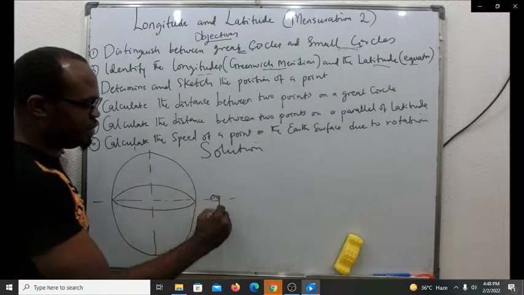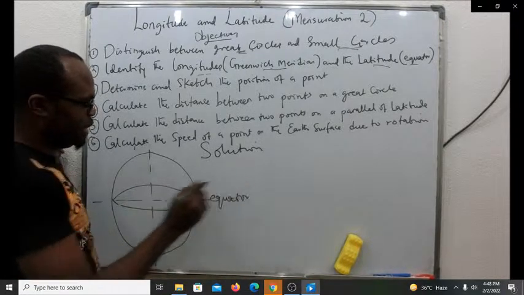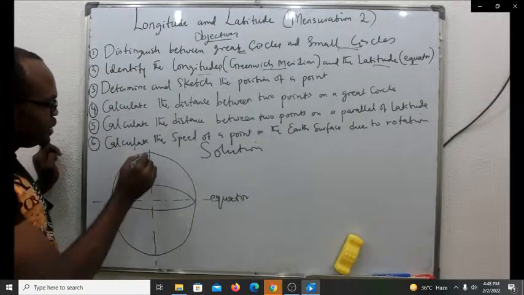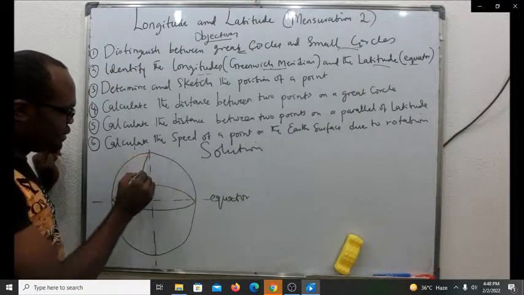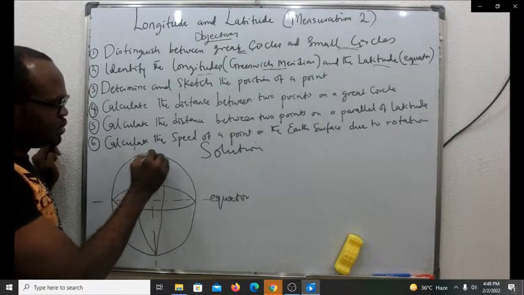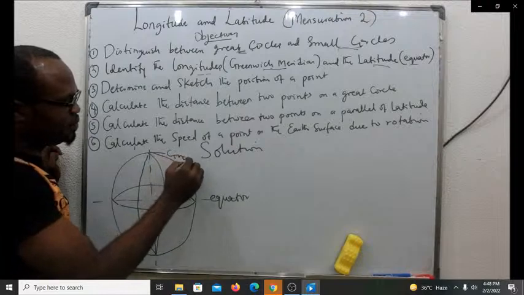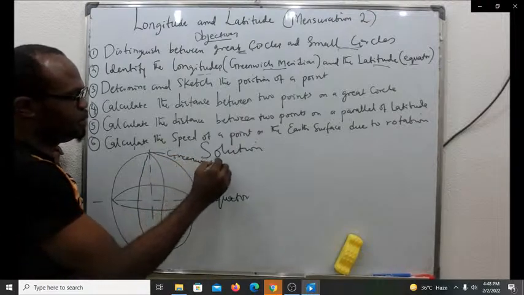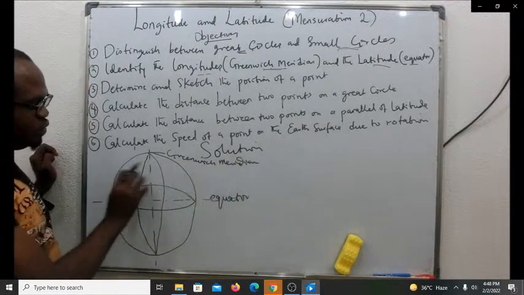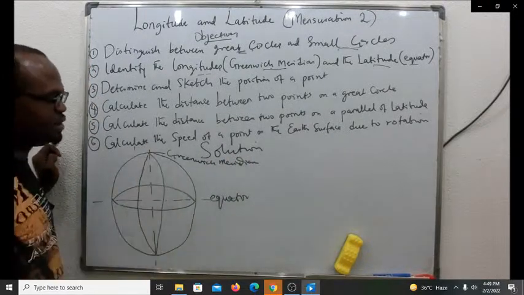Once you cut the Earth through the equator, you get two equal parts because the equator is a great circle. If you also cut the Earth through the Greenwich meridian, you also get two equal parts if you cut the Earth through this.